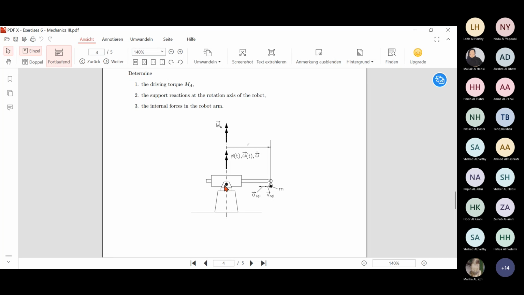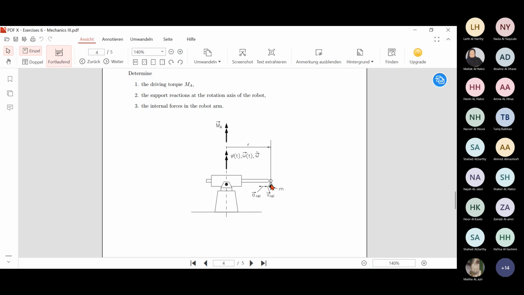Then we have Fe, let's say, which is, I'm looking from the top, okay? Fe is in this direction, which is perpendicular to this point here, and Er is in this direction, okay? Now I make the cut here, somewhere here. Then this is the S, which is the internal force in the arm as we take it as a rod, okay?